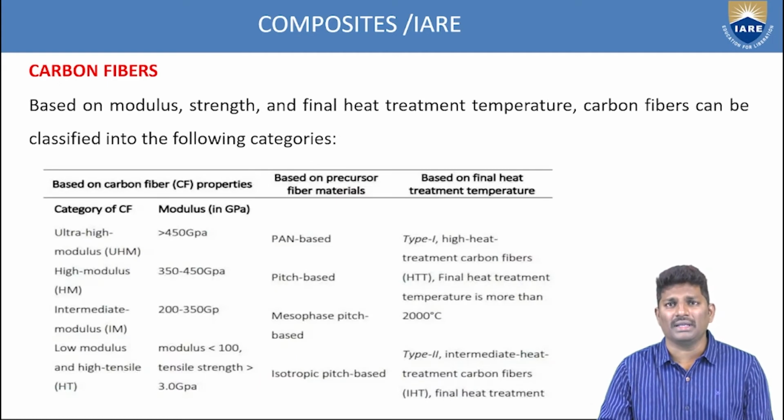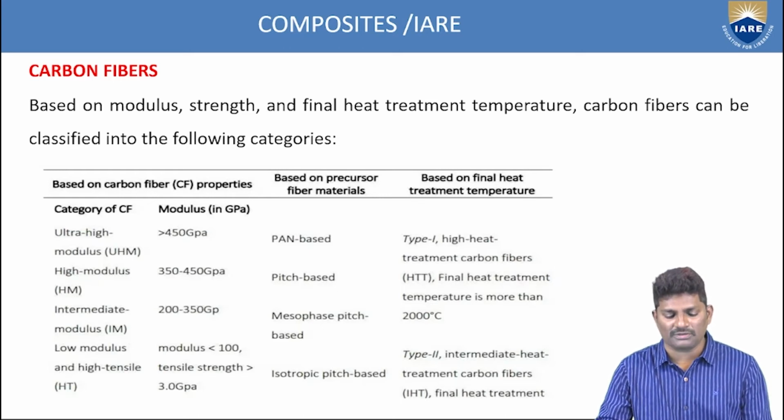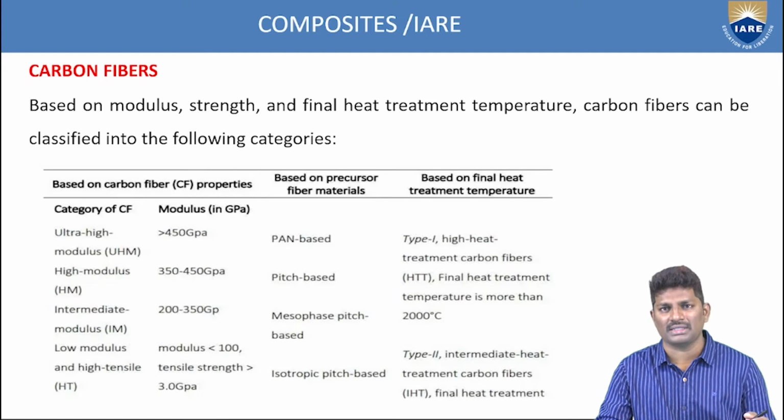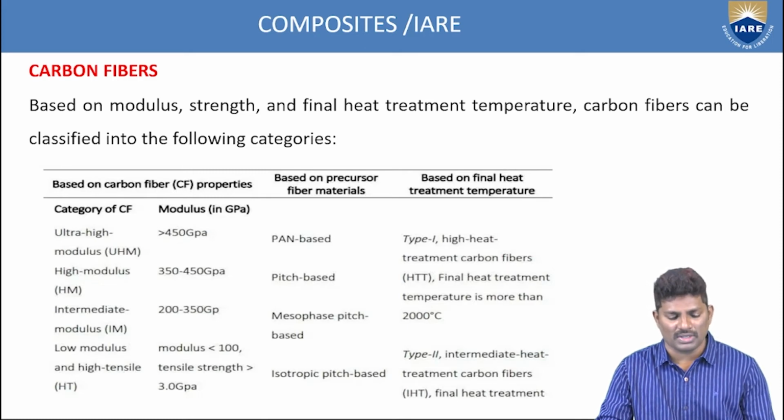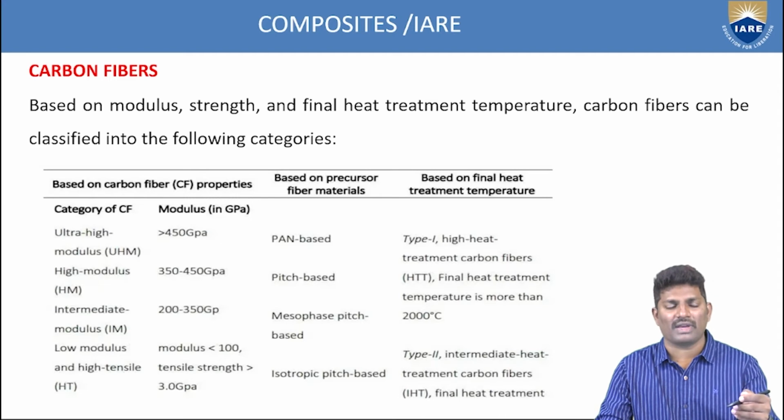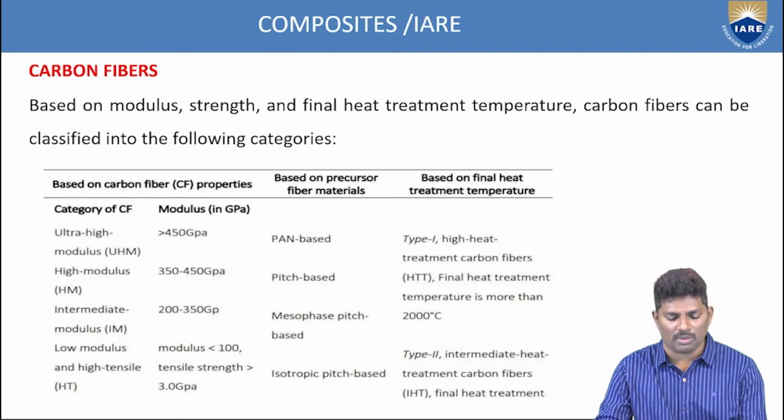And based upon the modulus of elasticity, strength, and the heat treatment process, these fibers can be classified into different categories. Again, what are the classifications we have? Based upon the mechanical properties only, or chemical properties only. In the same way as we have seen how glass fibers are classified, carbons are also classified based upon these properties.